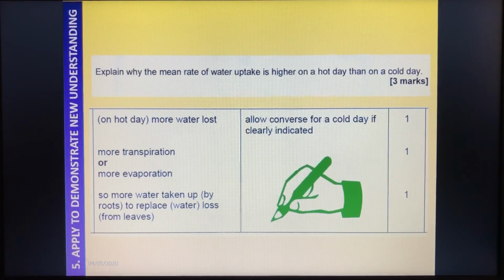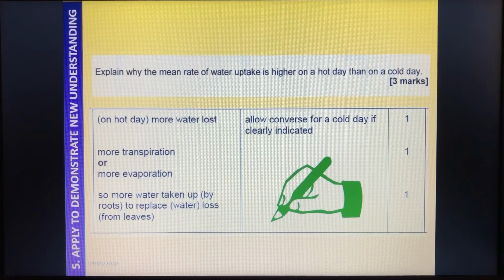And because more transpiration takes place, we talked about it being like a straw, more water will be taken up through the roots to replace that water. So 1 mark for saying that on a hot day there'll be more water lost from the leaf, as a result of transpiration, evaporation, or evapotranspiration, and therefore more water will be taken up through the roots to replace the water that's been lost. If you need extra time doing your green pen, then pause now.